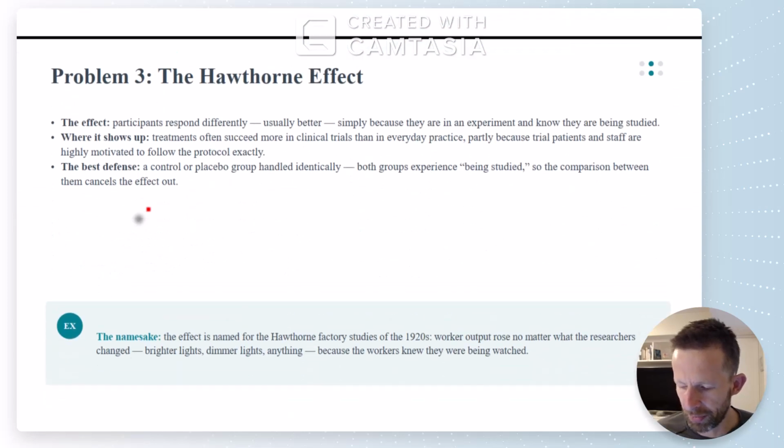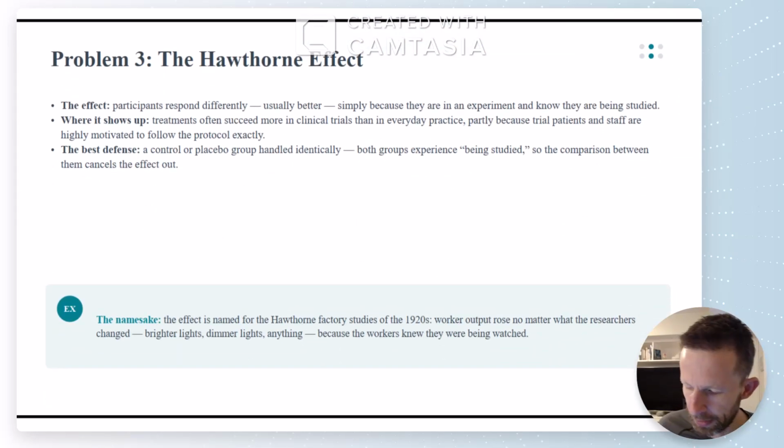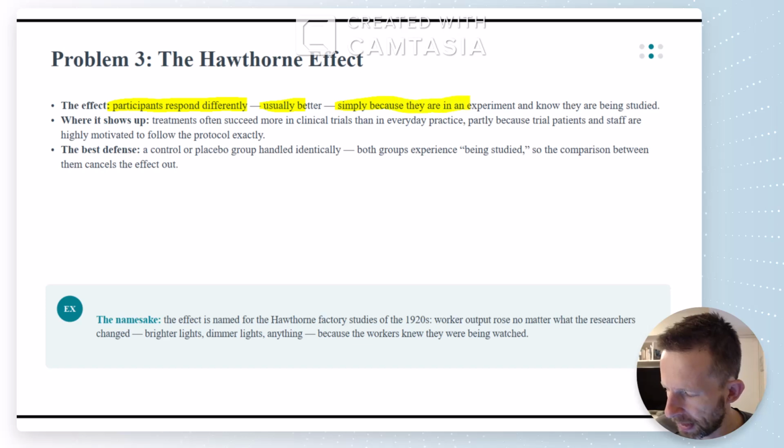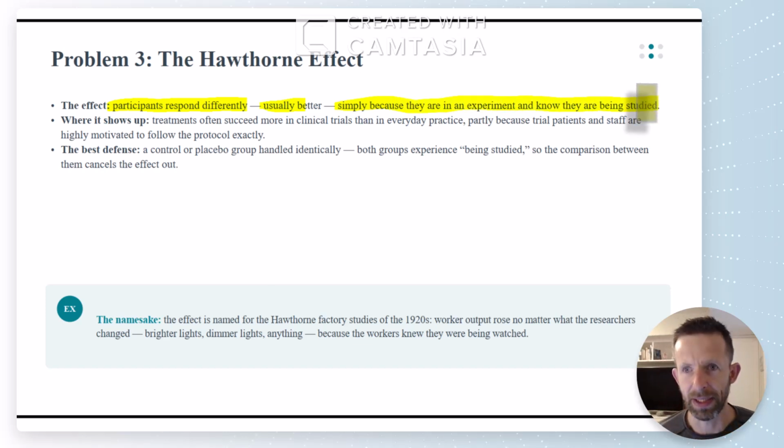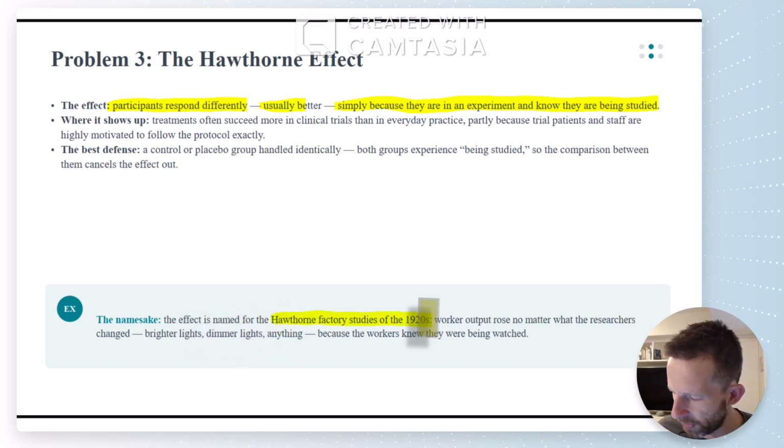Problem number 3, the Hawthorne effect. The idea here is that participants respond differently, usually better, simply because they know they're part of an experiment and are being studied. So if someone knows they're being studied, or being watched, they're going to respond differently. The effect is named for the Hawthorne factory studies in the 1920s.